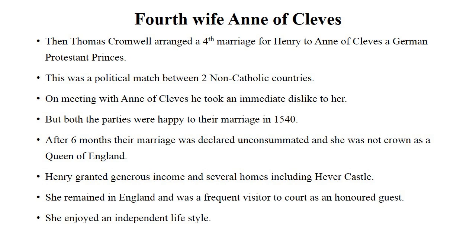Actually, this was a political match arranged by Thomas Cromwell for Henry VIII, so that 2 non-Catholic countries would join together. On the first meeting with Anne of Cleves, Henry VIII took an immediate decision. He did not like her.